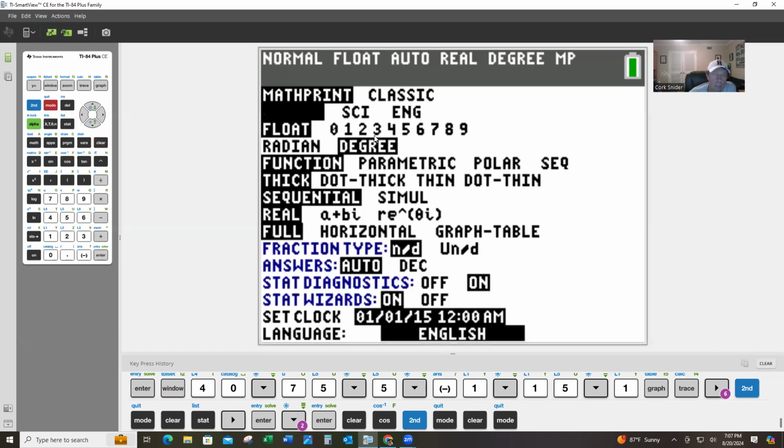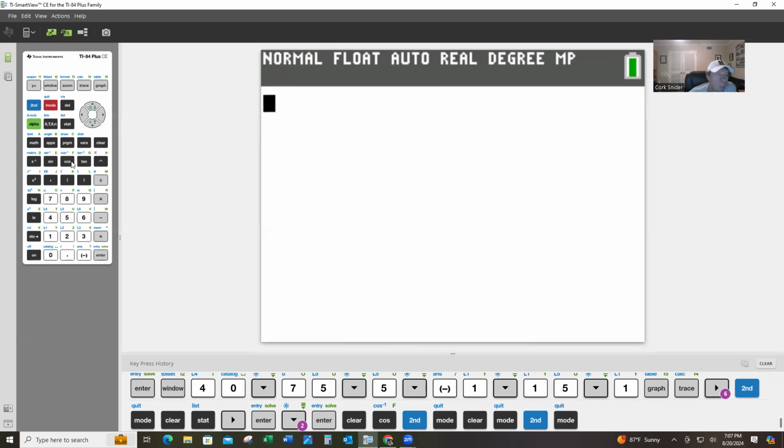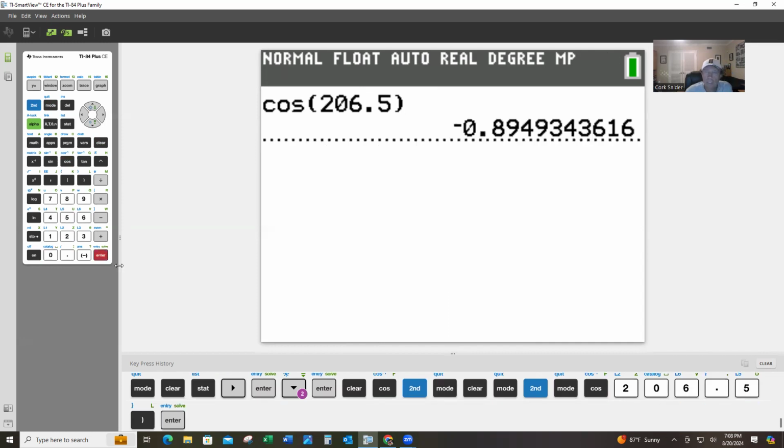Make sure it's in degree mode. Degree is right here where the cursor is. All right. Second quit, that's the home screen. Cosine of 206.5. All right. And then you'll get the answer of negative 0.895, however you want to round. Okay, so there's that one.